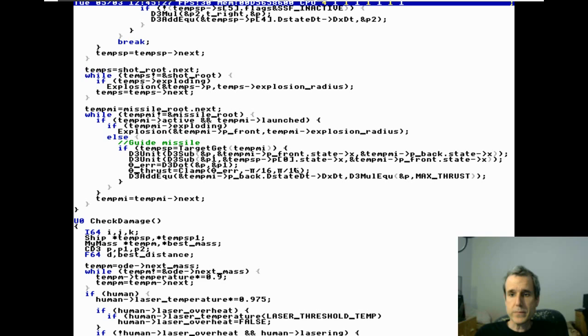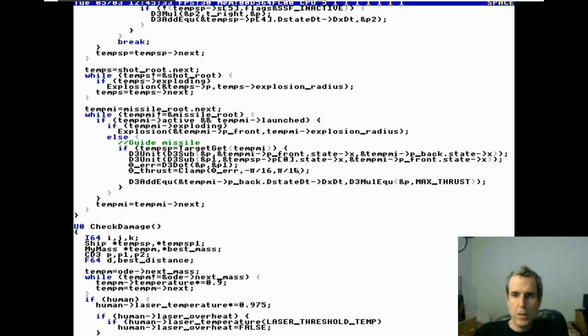So D3 unit, so that was out the back, and so it's pointing forward. Okay. D3 unit. D3 add equal.